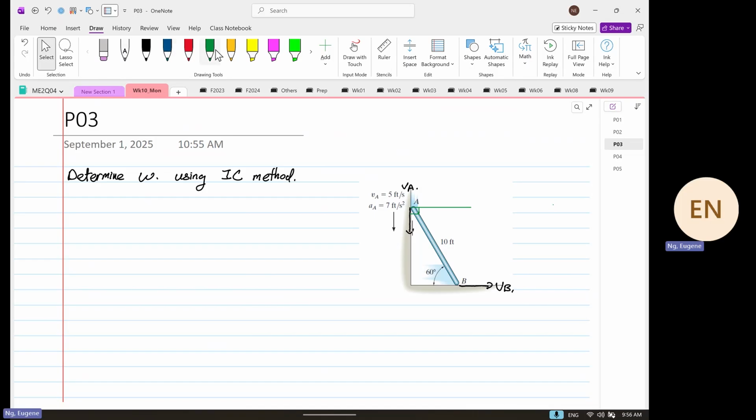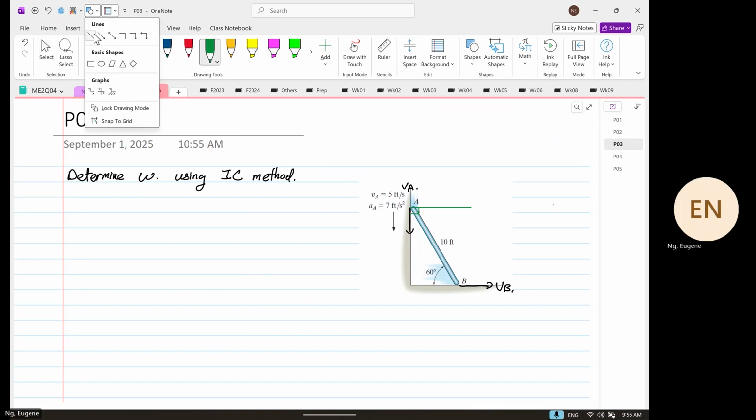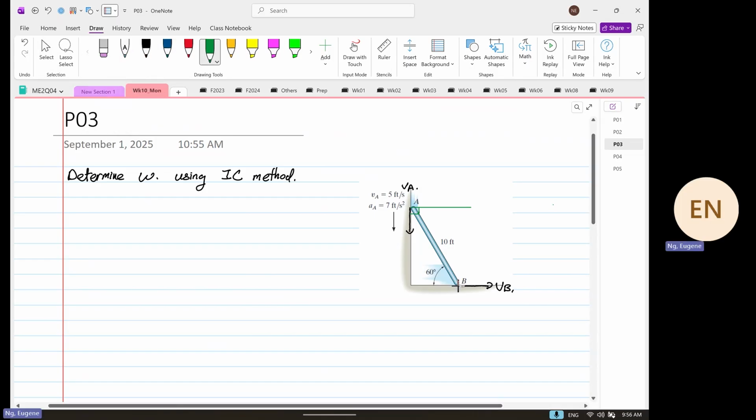Then we project another line over here. Then we label where they intersect, and this is our instantaneous center. So we found where our instantaneous center is.